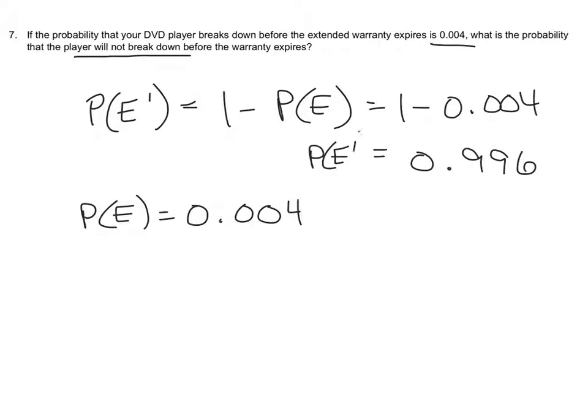So the probability of the complement, which is the probability that the DVD player will not break, is 0.996. And this is the final answer to the problem.